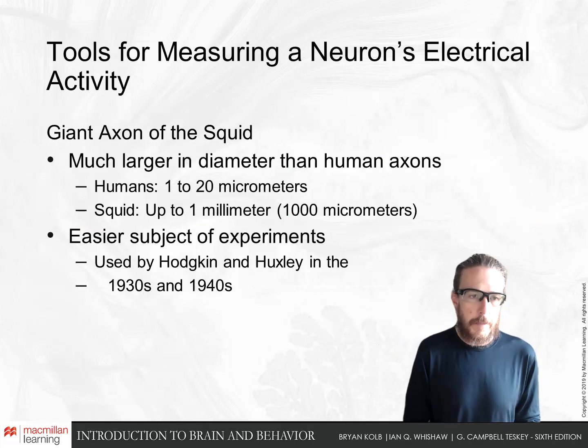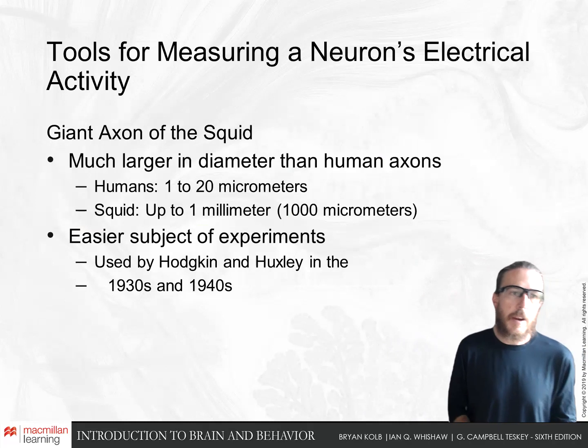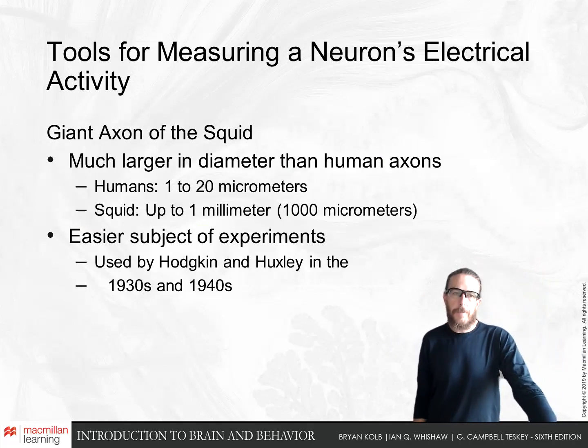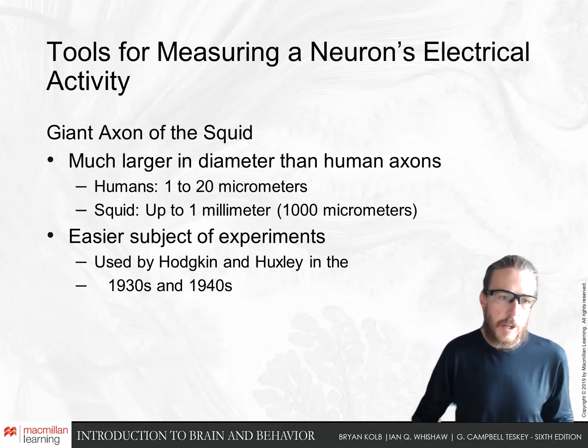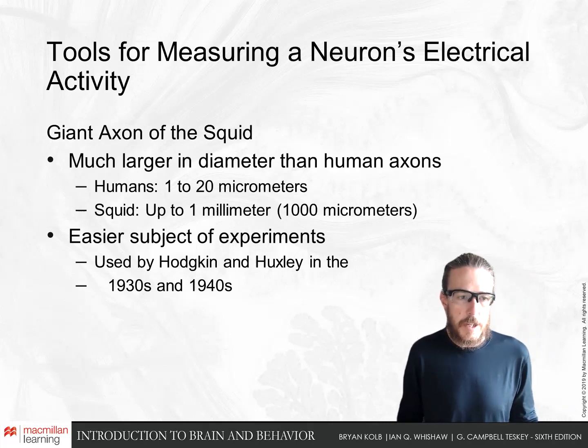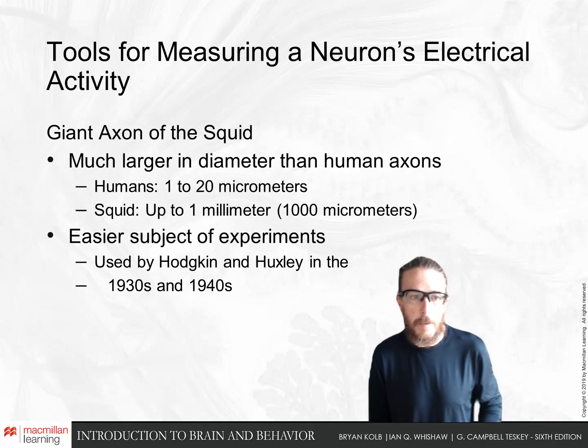This was almost a millimeter wide, and so thicker than a human hair. And this was the main animal that was used in the Hodgkin and Huxley experiments in the 1930s and 40s, which went on to win them the Nobel Prize.